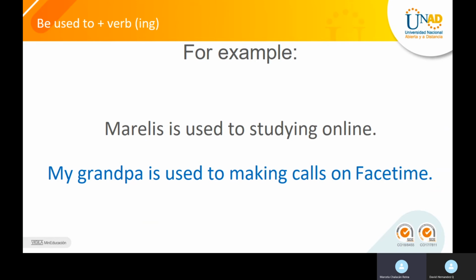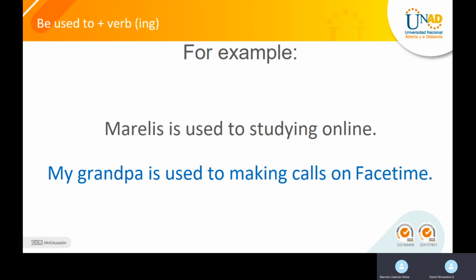Cómo sería la traducción. Ok, es Marelis está acostumbrada a estudiar online y mi abuelo está acostumbrado a hacer llamadas por FaceTime. Ah, okay, but I want to say in the past, Marelis was used to studying online. Eso, Marelis estaba acostumbrada.